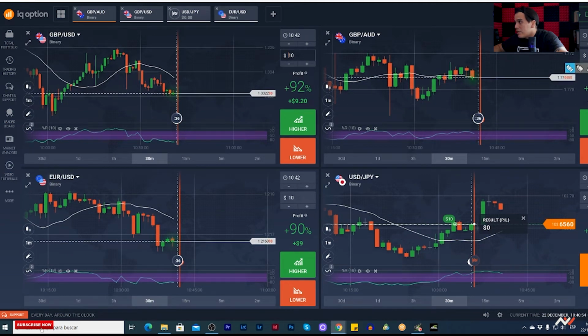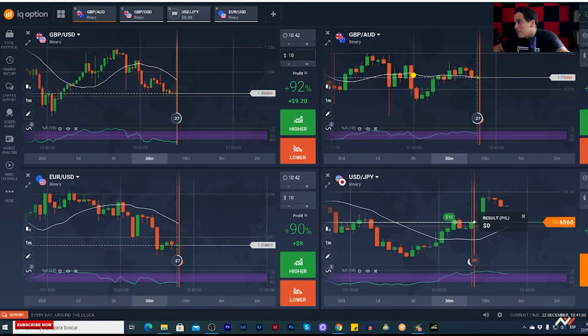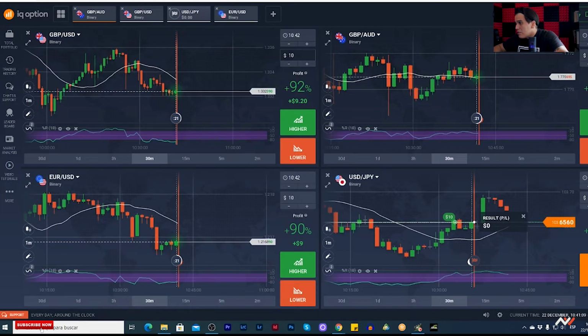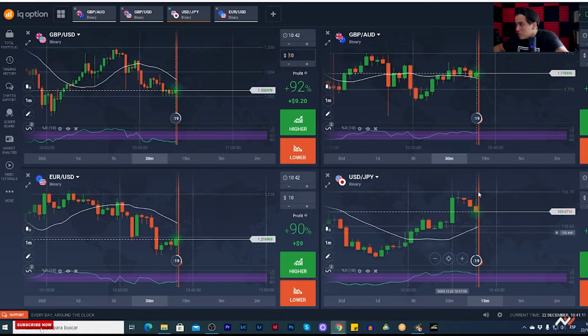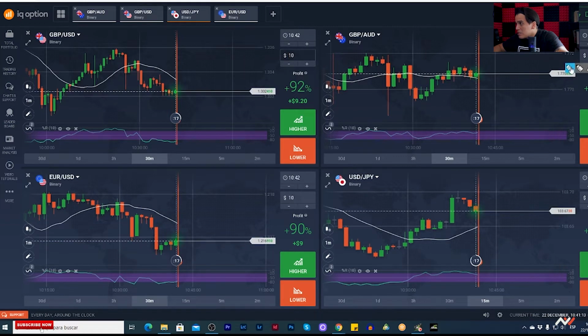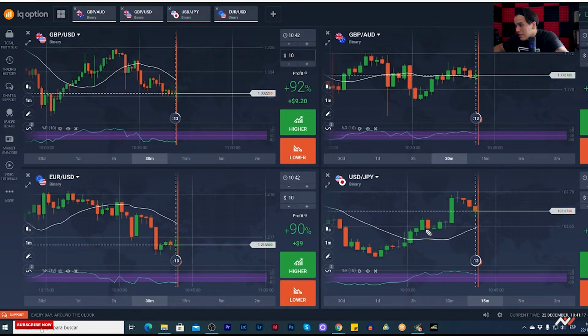I entered early, on this candle, so I got a good in the money with this signal. I entered early on this one. What happened with this one? I'm going to delete this. Here it was a draw. It crossed, and I entered on this candle, but I entered almost here.